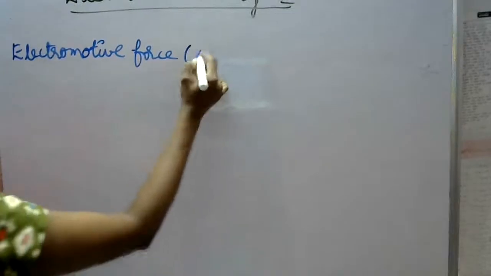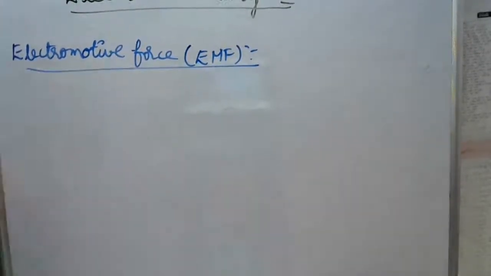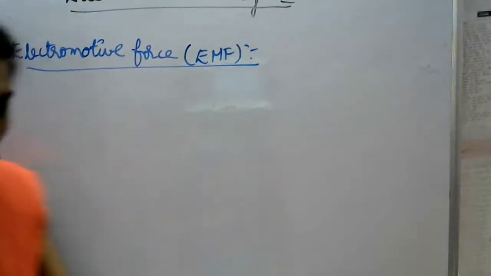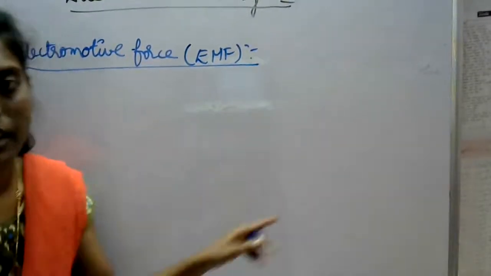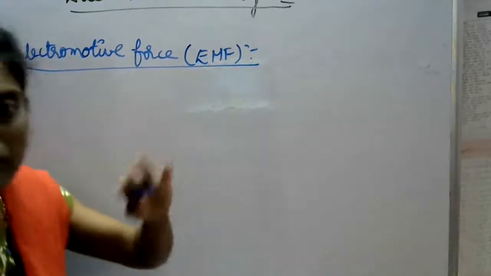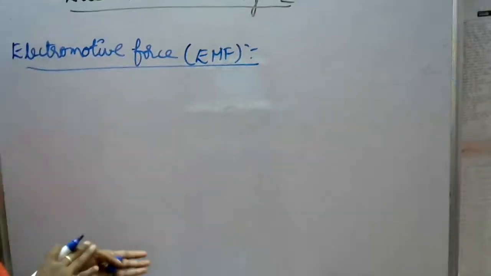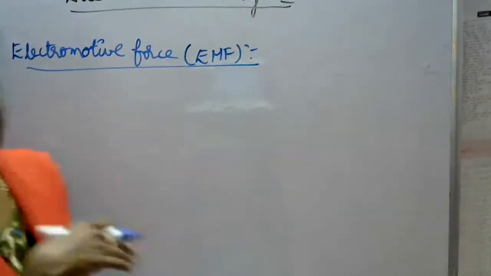Here a potential difference will be there which causes electricity to flow from the higher electrode to the lower electrode.